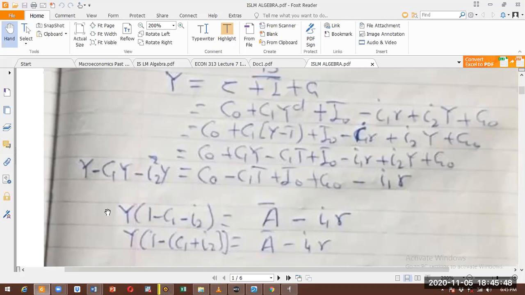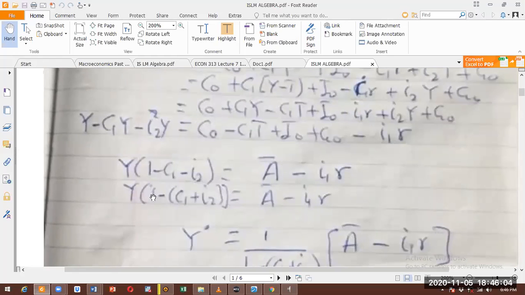And then here too, when we factor Y out, we get 1 minus C1 minus I2. So this is equal to A bar minus I1R. Here I factored minus 1 out so that this one becomes positive.